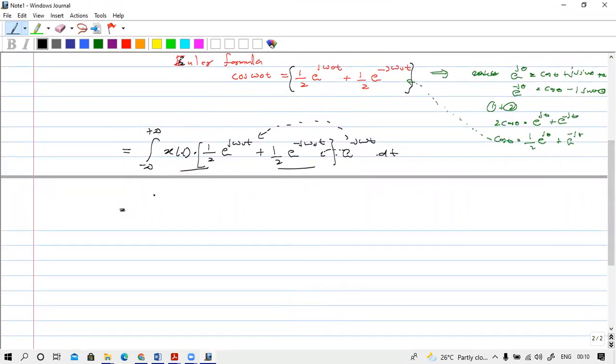So here we have minus infinity to plus infinity. Half is there, so I can take out this half because it is a constant. So I will get half here. So x(t) is there, and e^(j omega naught t) is multiplied by e^(-j omega t).